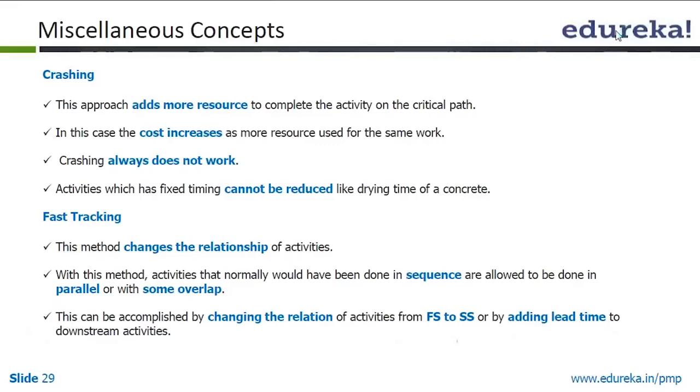Second, we might also not be able to add more resources. Suppose there are 3 programs to be written, and all the 3 programs are given to 3 programmers. In that case, adding another programmer will not help, because you cannot divide one program between 2 programmers. So that is crashing.